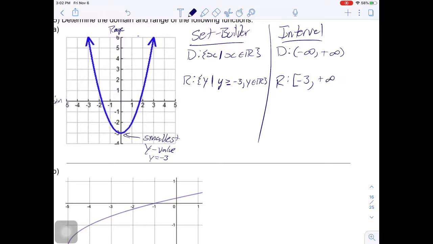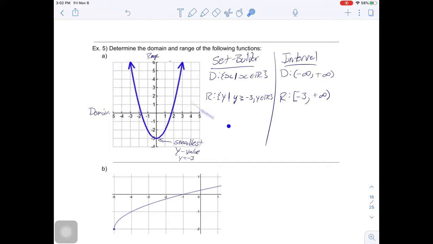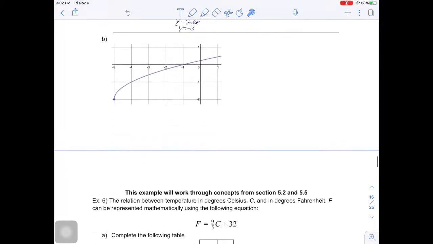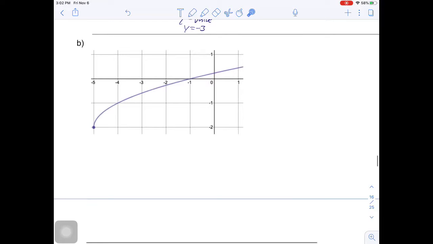So it'll be positive infinity, and I'm not going to include it because you can never equal infinity. And there is my domain and range represented in two different ways. Okay. Let's do B, and then it's time for you to try some examples on your own.